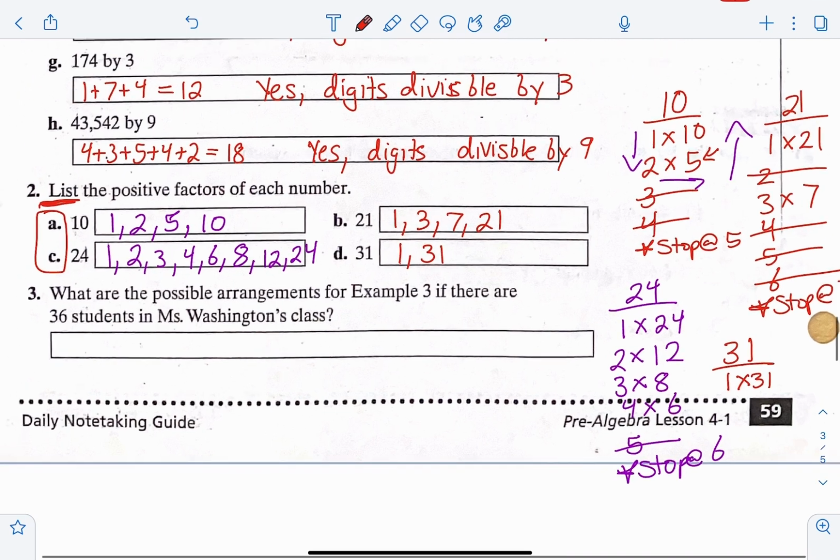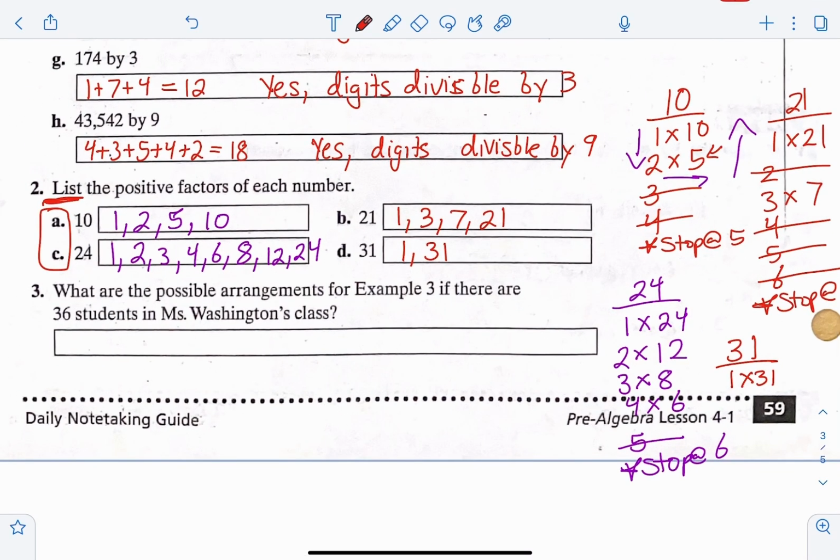Okay, the last one is similar to that word problem we did up above. So what are the possible arrangements for example 3 if there are 36 students in Miss Washington's class? When we did it up above, there were 35 students. So we got to start with 36. So step 1 is to make our list of factors.